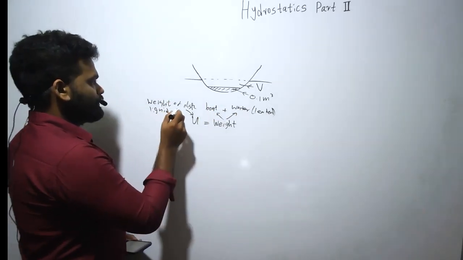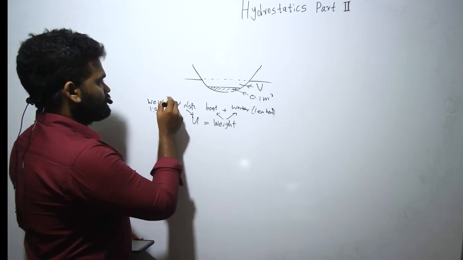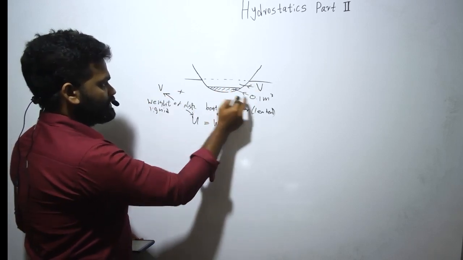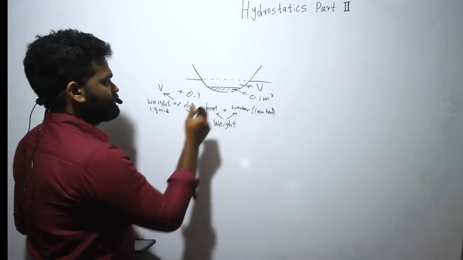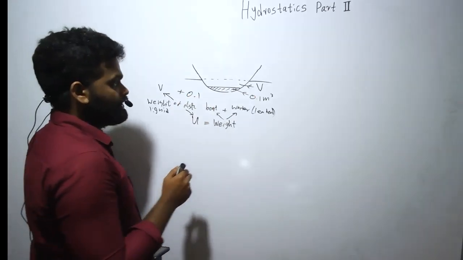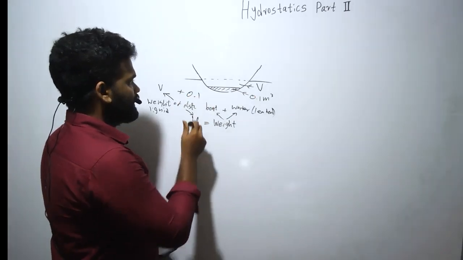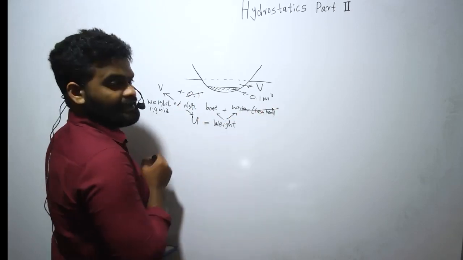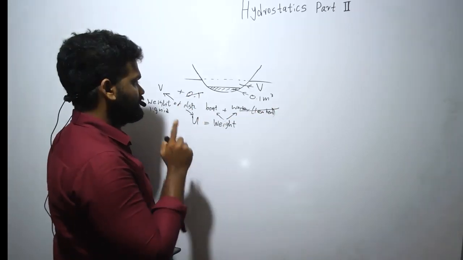One is regarding V, another one is regarding 0.1 cubic meters. You can see this 0.1 cubic meter and the leaked water weight, they are the same. Then what do you get?